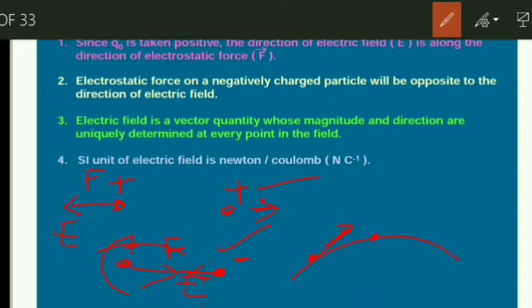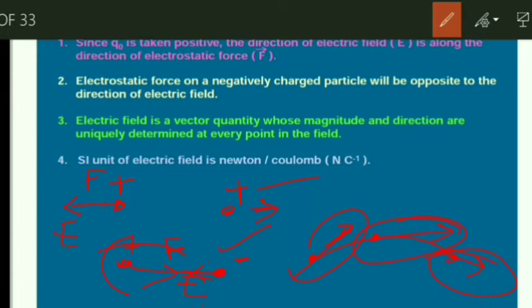If I want electric field at this point, then I will draw tangent at this point, and magnitude and direction at these respective points will be different. As we can see, directions are different and their magnitude will also be different.